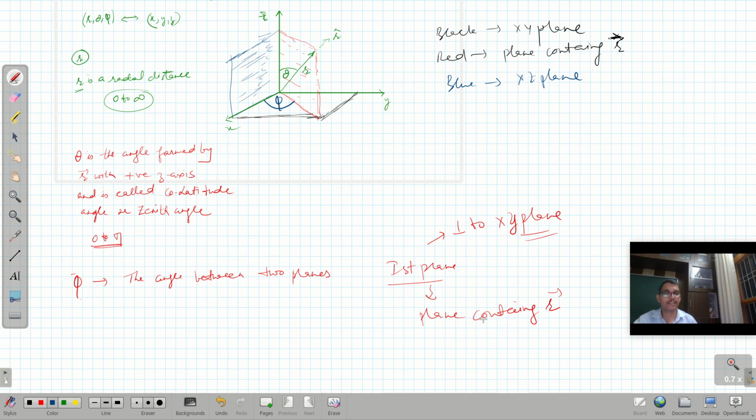The first plane is this which contains R, and what is the second plane? The second plane is the ZX plane. This angle is known as the azimuthal angle, and it varies from 0 to 2 pi, right? That's what you know.